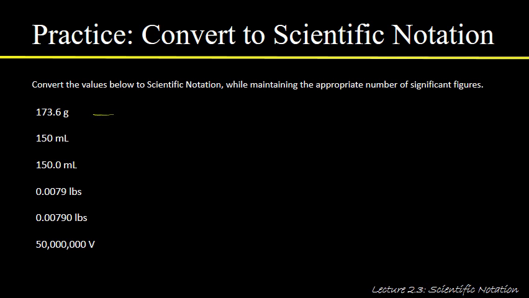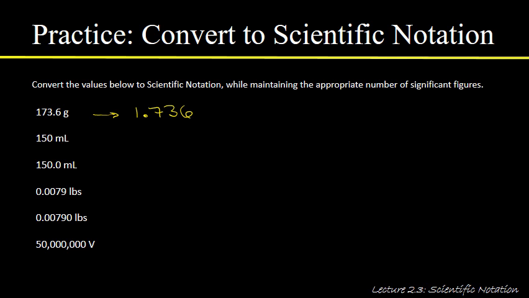All right, so the first one, 173.6. If we want to change this to a number between 1 and 10, we get 1.736, right? And that's 1.736 times 100, which is 10 to the 2, right?